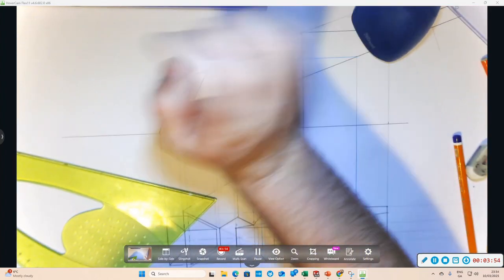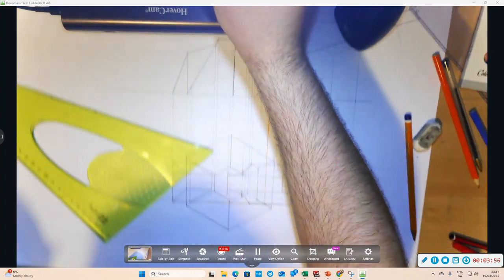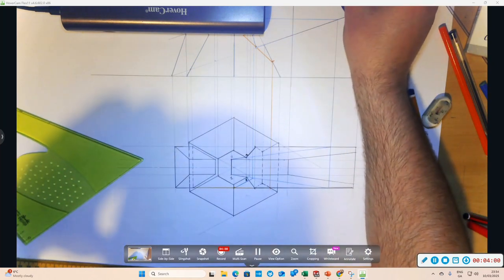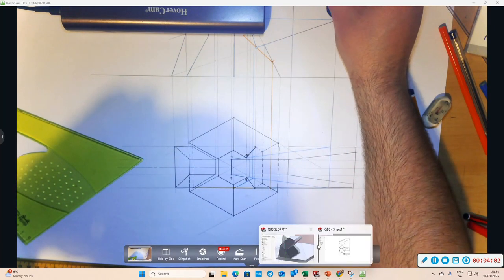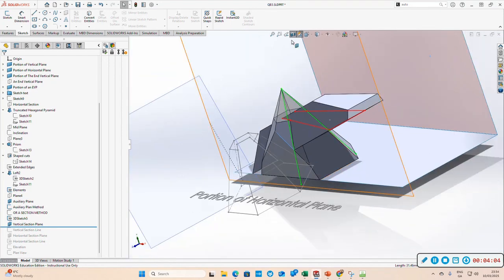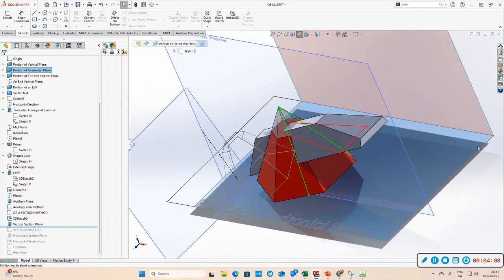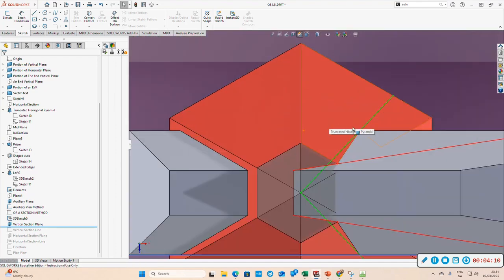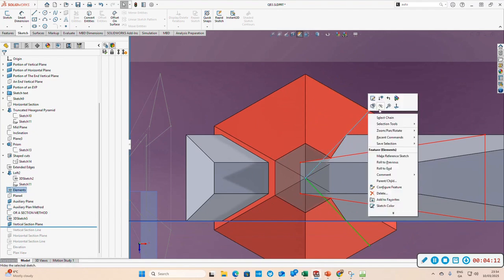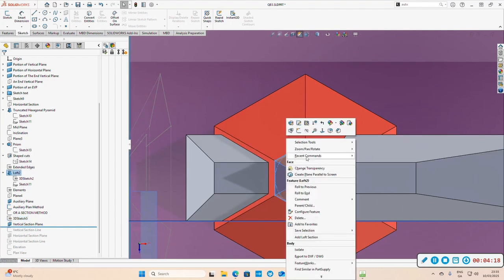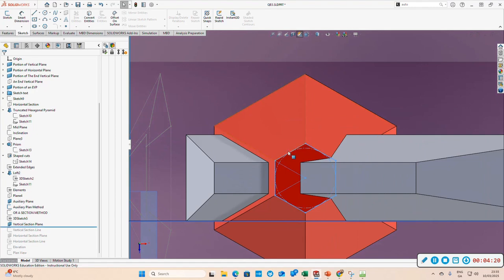So we'll zoom out. So our plan view, are we happy? Let's look at our model, to make sure that we're happy. So they were our horizontal section of our prism. That was my glass truncated part. I'll turn off some of my sketches.